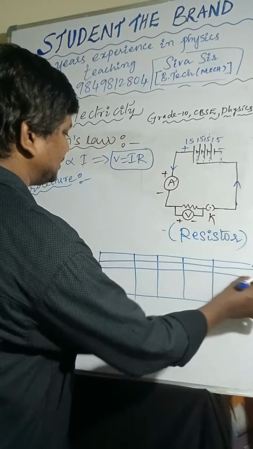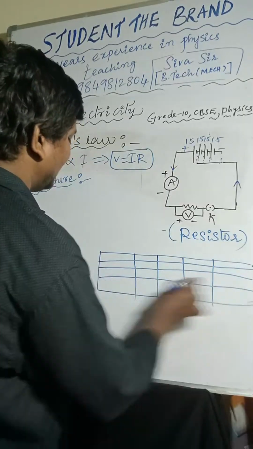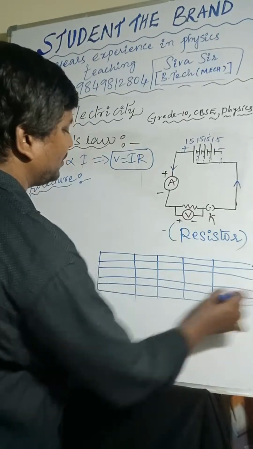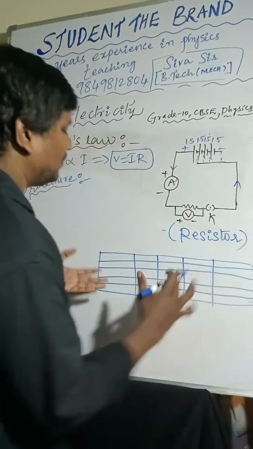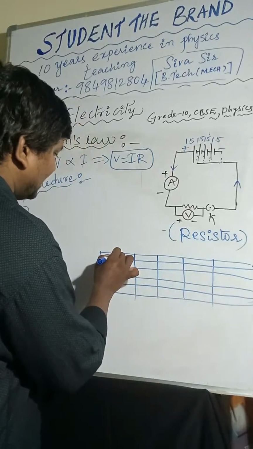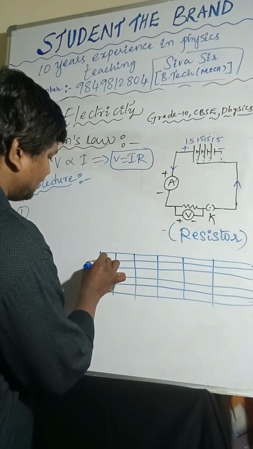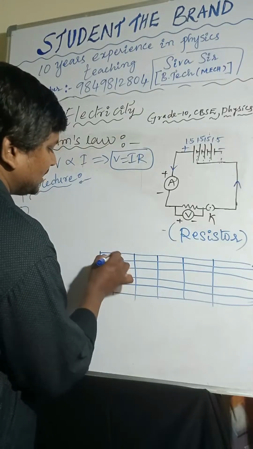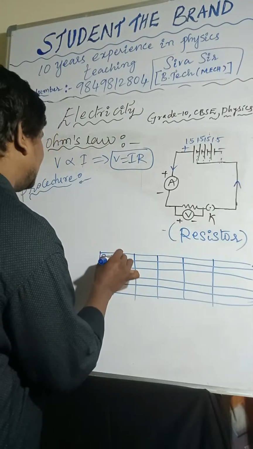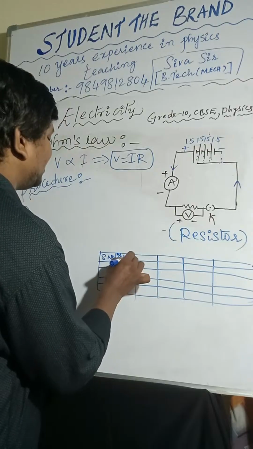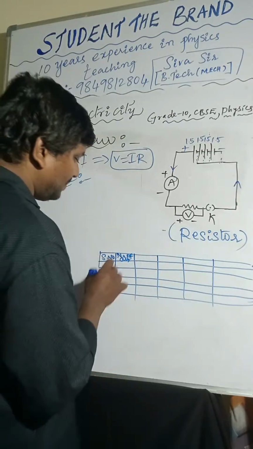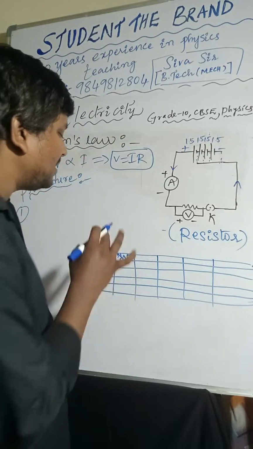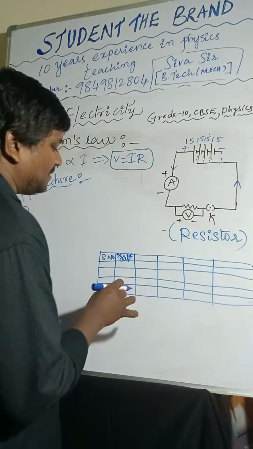So 1, 2, 3, and 4. Why are you considering this many lines? What do those represent? I am considering here serial number first. Next, number of cells.